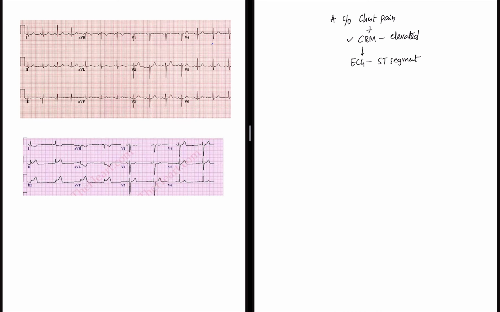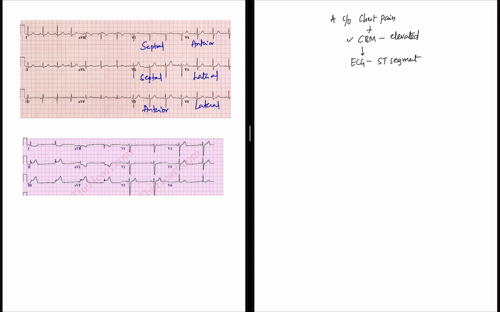Now you overall have an idea of what all the leads associated with the sides are. So let's start with V1. We all know the mnemonic SAL. V1 is septal, V2 is septal, AL, that means anterior is V3, V4 is anterior. Now V5 is lateral, V6 is lateral.